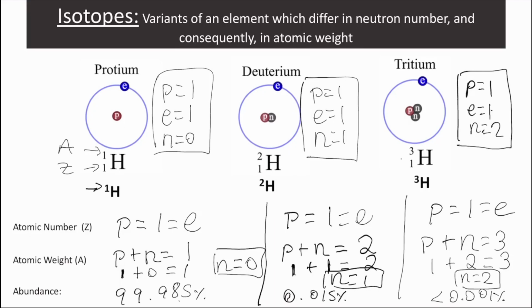And this one is the atomic weight as well. So we can see also that A is equal to 1, and this is the number of protons plus neutrons: 1 plus 0 equals 1. This one is equal to 2, proton equals 1, neutron equals 1, they add each other out, so it's equal to 2. And here, proton 1 plus 2 neutrons is equal to 3.